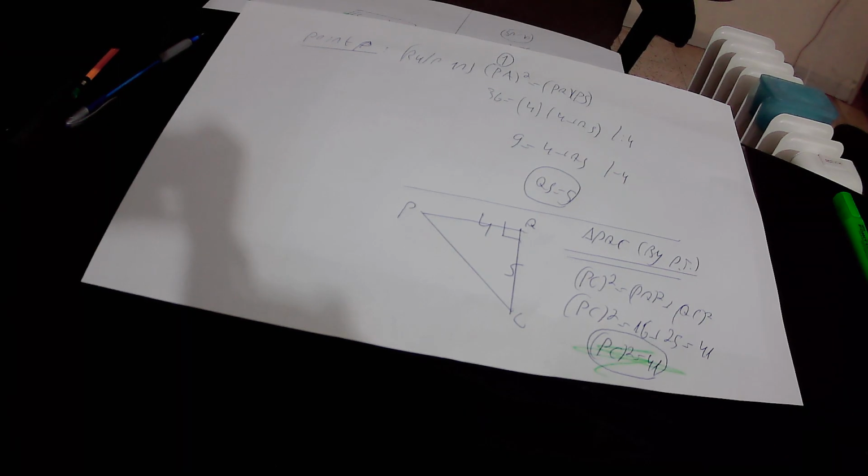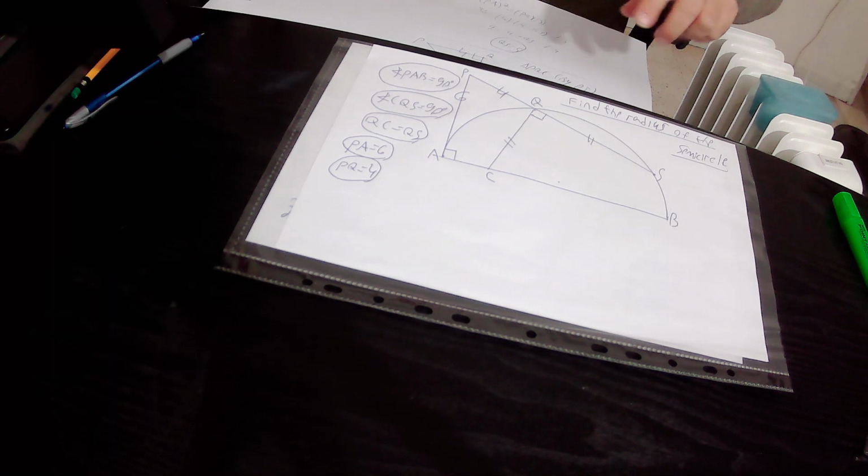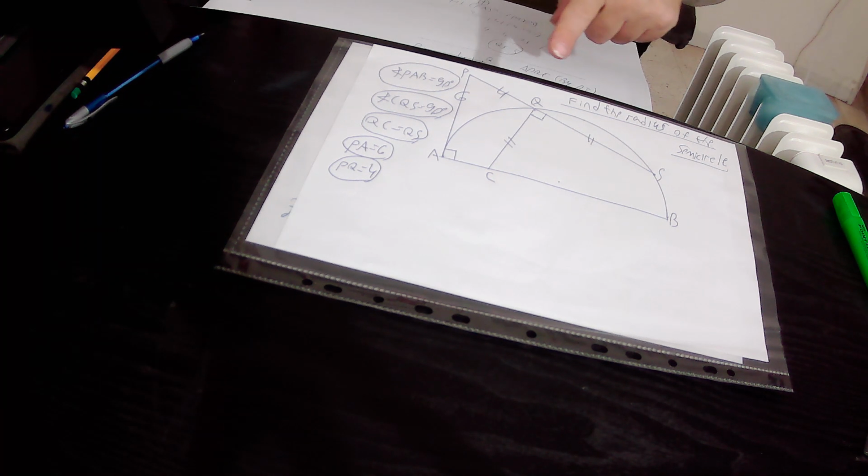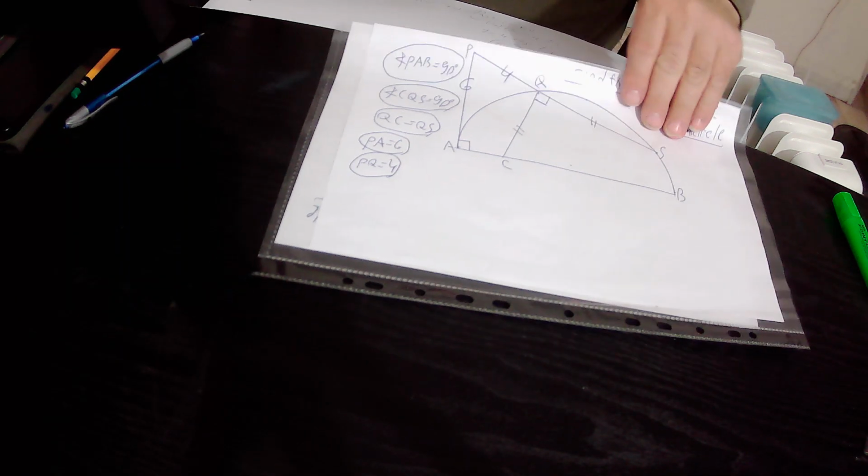Here we subtracted 4 from this equation, and finally found that QS equals 9 minus 4, that is 5. So QS equals 5 units, and because QS equals QC and QS equals 5, therefore QC must also equal 5.